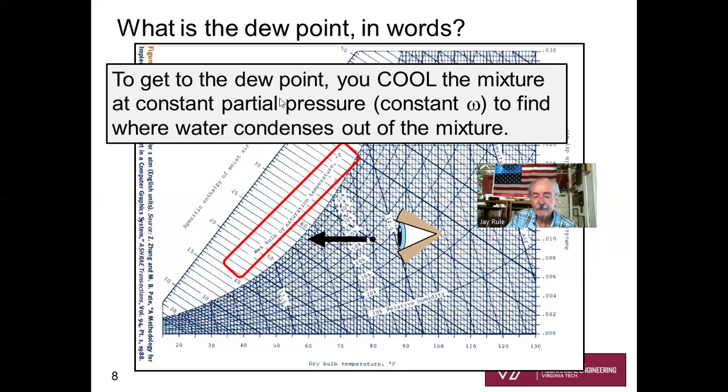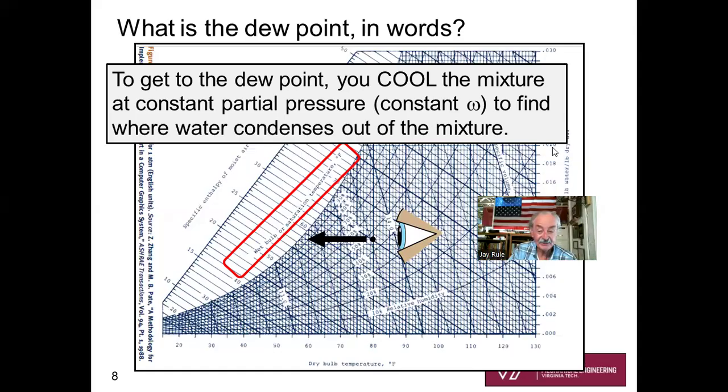If you do some thinking, you can satisfy yourself that cooling at constant partial pressure is the same as cooling at constant humidity ratio. Do you remember the formula derived in your book for humidity ratio? It was 0.622 times P sub V, the partial pressure of the vapor, divided by the partial pressure of the dry air.